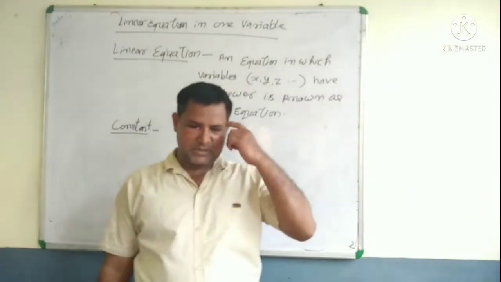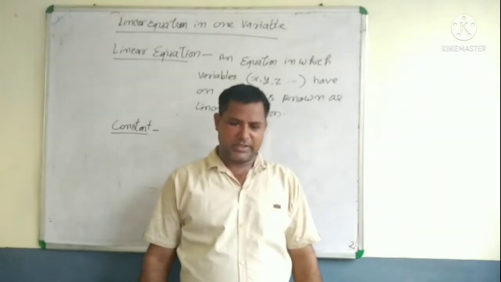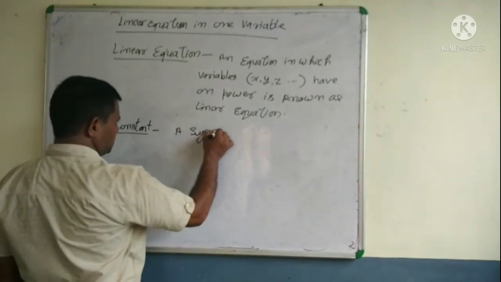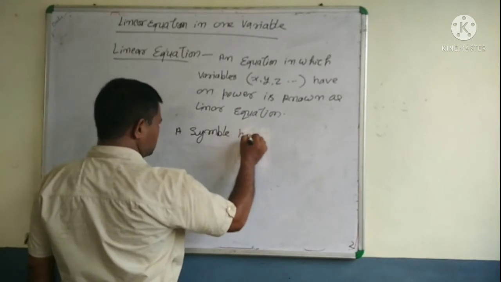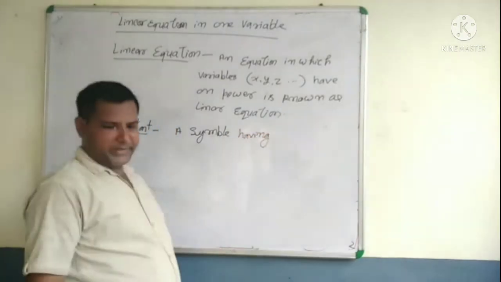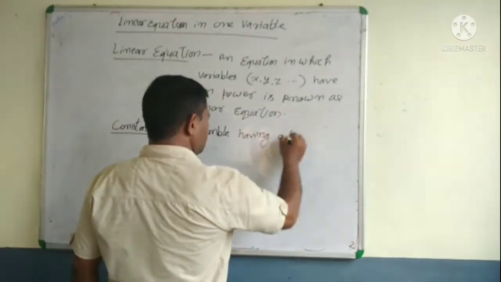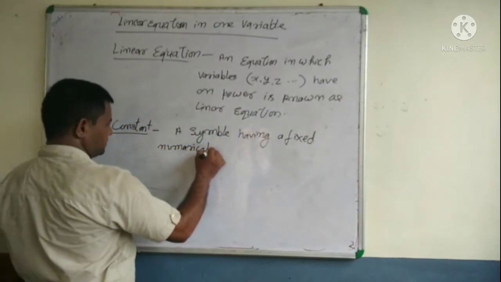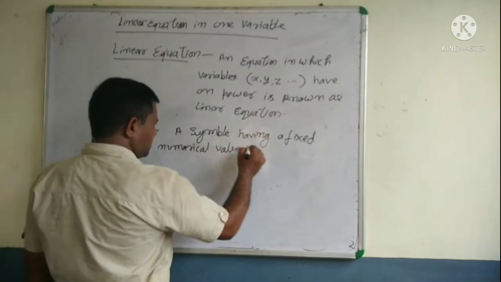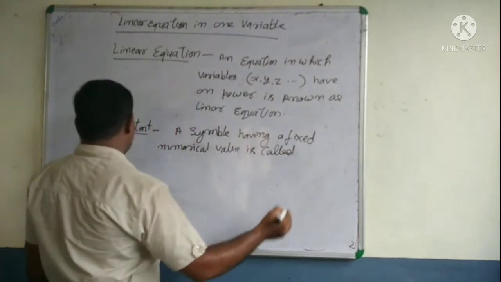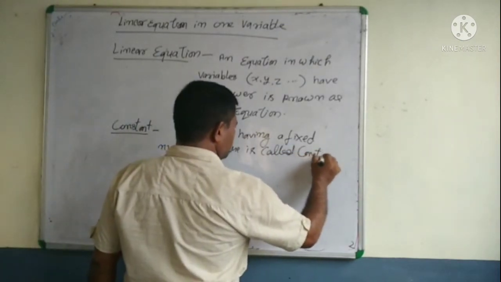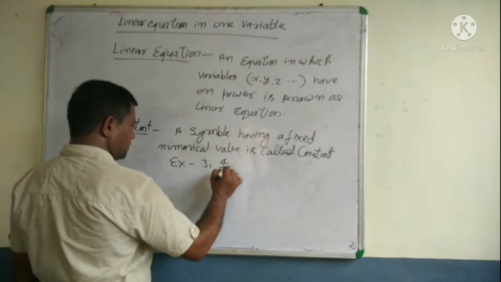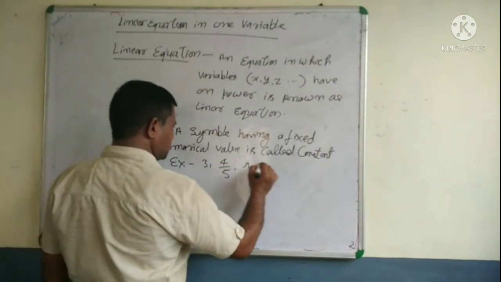A symbol having a fixed numerical value is called a constant. Example: 3, 4/5, 5, etc.